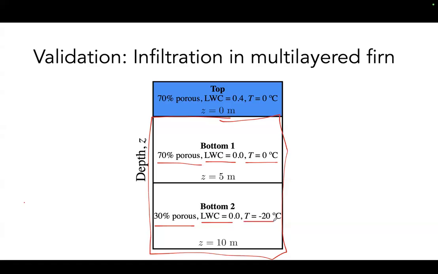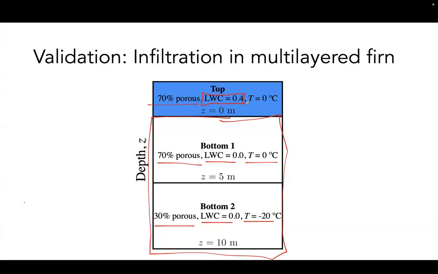So it goes from a depth of 5 meters to 10 meters, so it's also 5 meters thick. Now there is some melt event on top, which has made the liquid water content 40%. The porosity is the same.